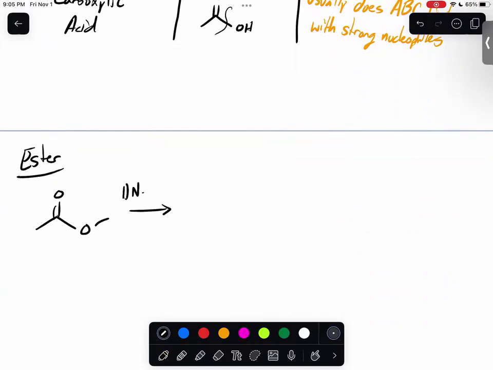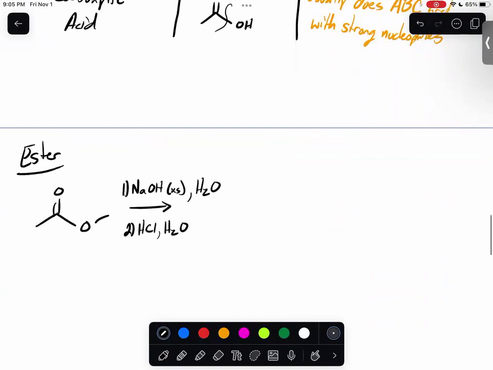If we added in an excess of sodium hydroxide and water, and in this case, we technically don't need to add in excess, but I'm going to show it anyway, and then we quench with HCl and water, what we'll end up seeing is that we'll actually make a carboxylic acid and methanol, right? But how is this possible? Because it's very clear that normally O minus is a bad leaving group.